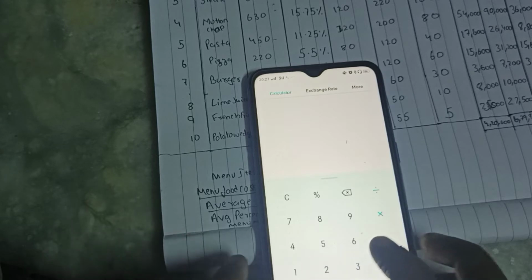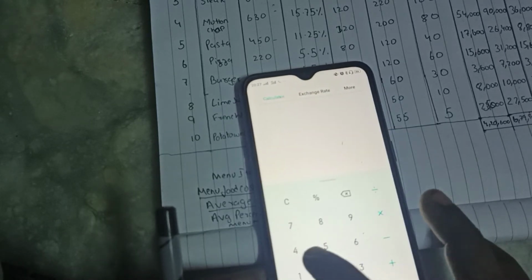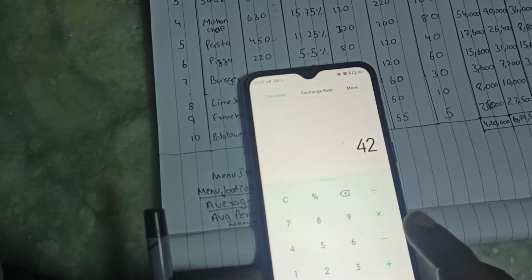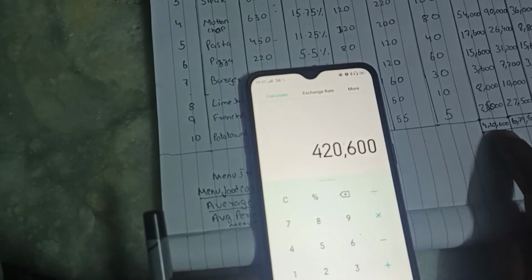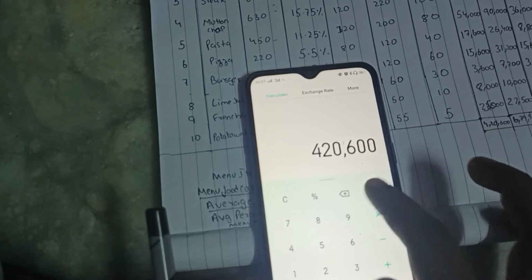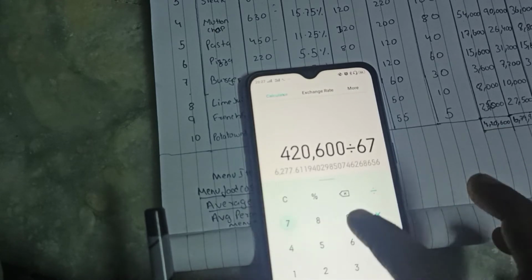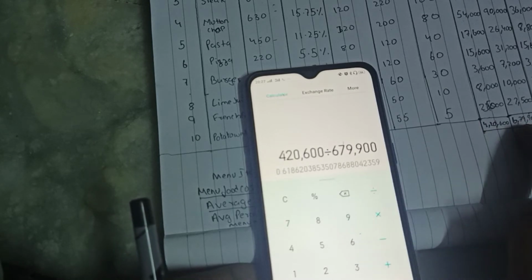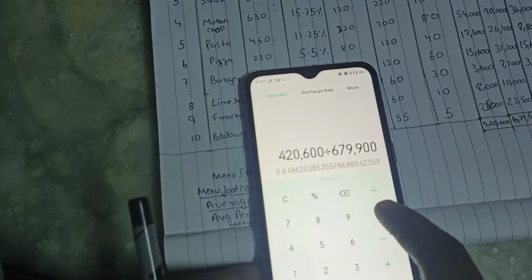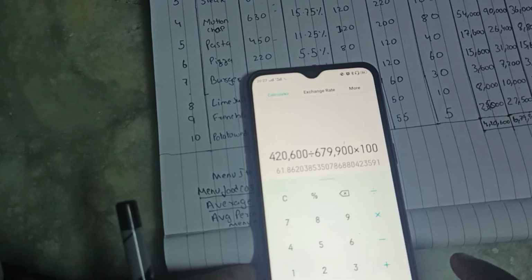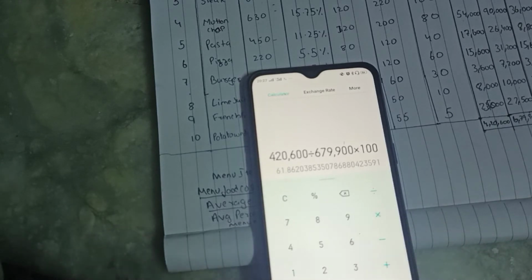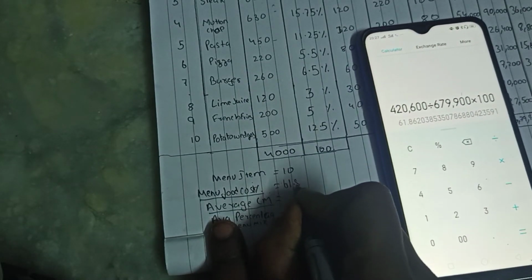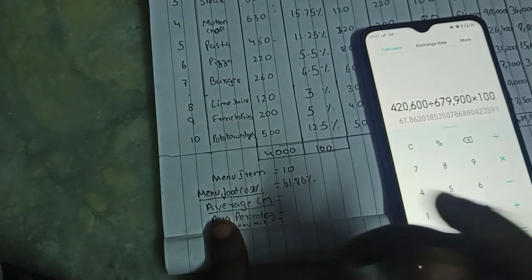So we have to calculate 4,20,600, that is our total of menu cost, divided by 6,79,900, that is our total menu revenue, into 100, that is 61.86%. So I have written it down here, 61.86 percentage.